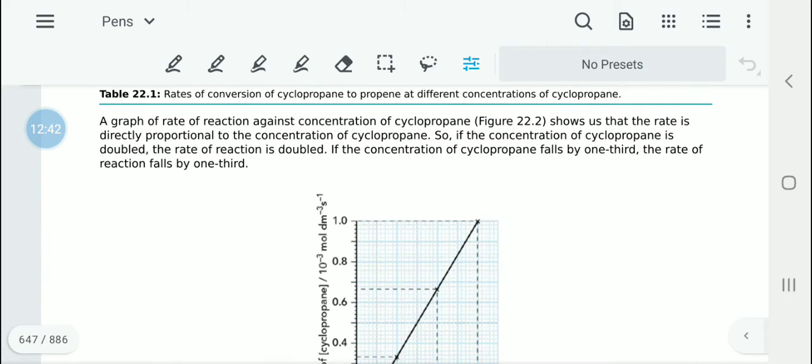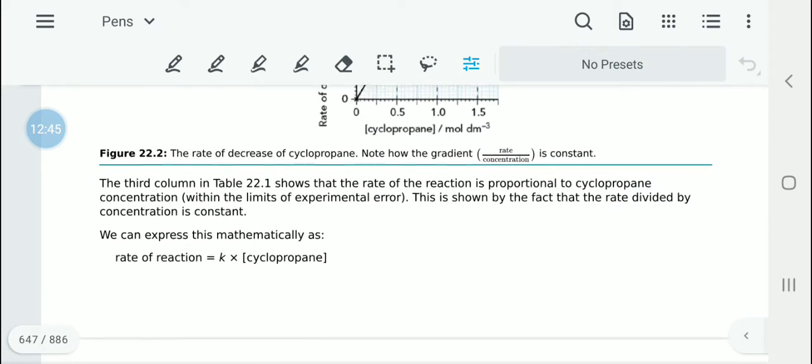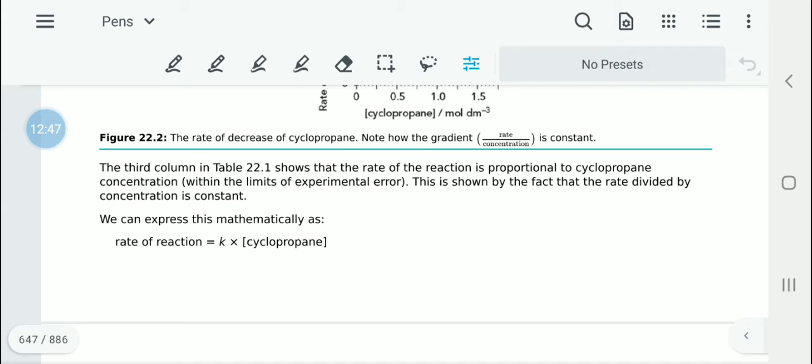This constant value is known as the rate constant.